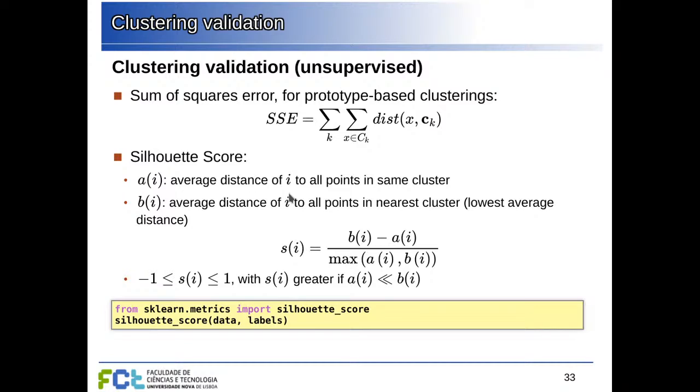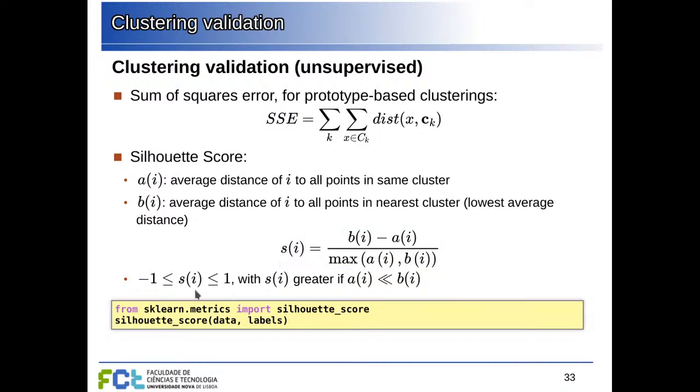So we measure the distance of i to all points that belong to the same cluster, and we average that. And B is the average distance of i to all points in the nearest cluster, the cluster that has the smallest average distance to i. And now the silhouette score is B minus A, divided by the maximum of A and B.